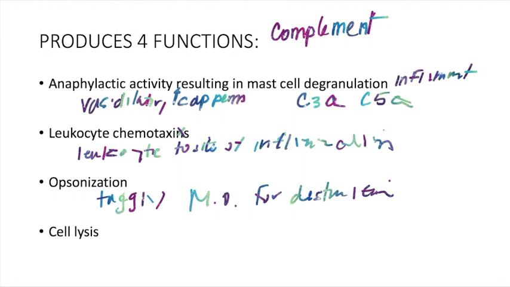Cell lysis, that's that membrane attack complex, and we are going to basically blow up the microorganism. The way that it does this is it actually pokes holes into the microorganism cell wall and then influxes water and ions in there, and then it goes.